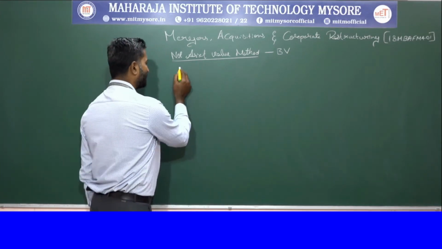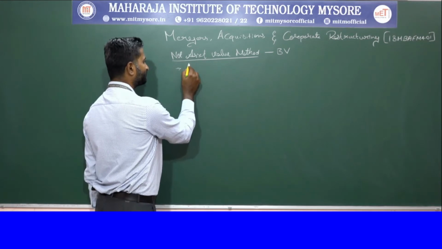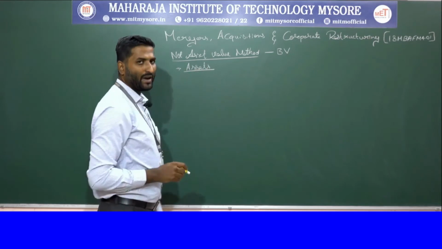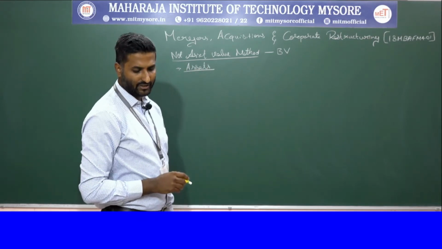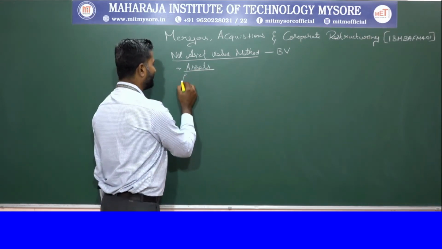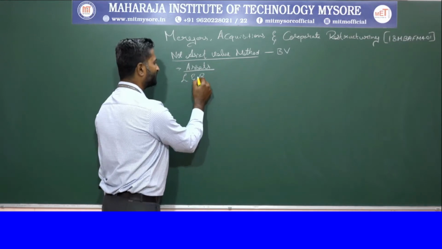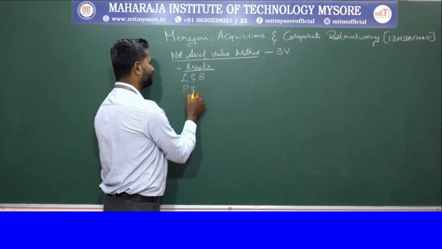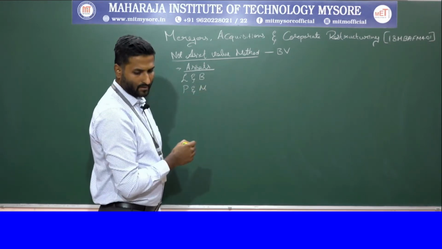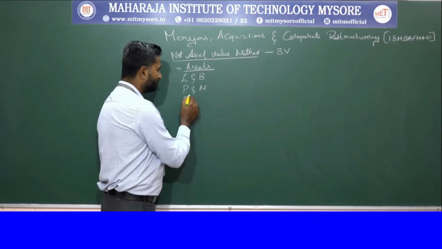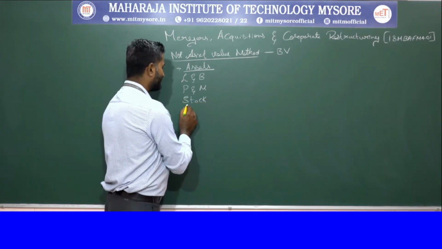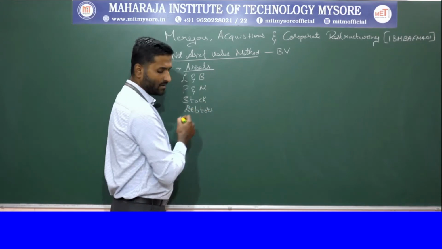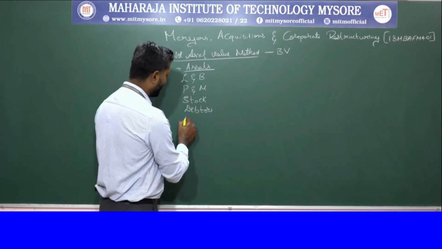First we list out all the assets provided in the balance sheet: land and building, plant and machinery, then stock, then debtors, and also a bank balance.